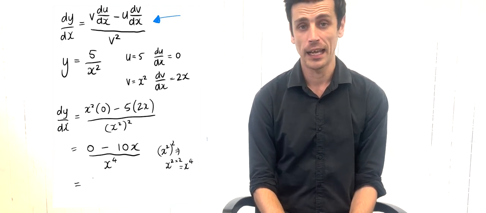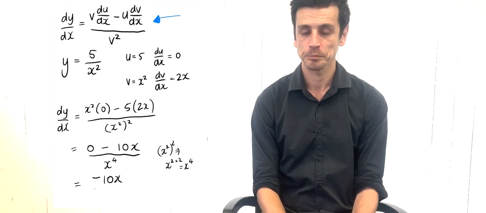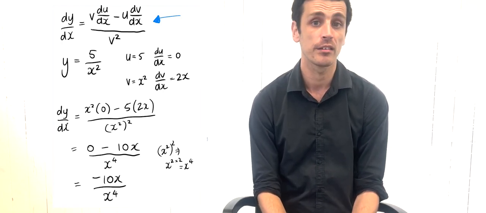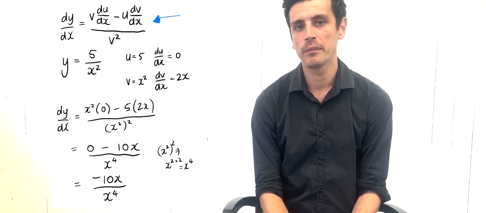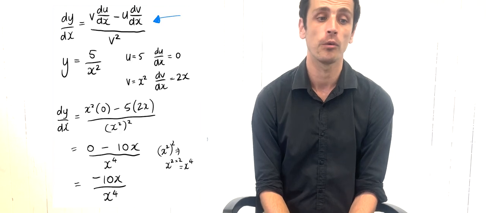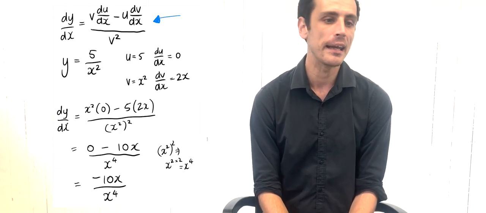When we take a power and raise it to another power, we just multiply those two numbers. So 2 times 2 gives us 4, so x to the power of 4.